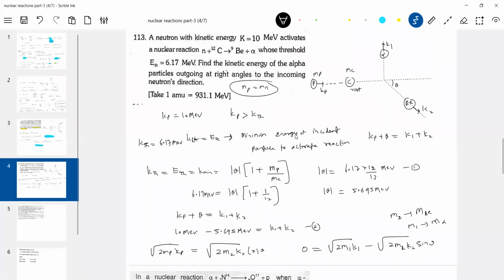Directly given number of nucleons, no, 9 times. So this should be equal to 9 times mass of proton. In terms of proton, we'll discuss the total problem. And what is m1? Substitute and solve, you'll get the required answer.